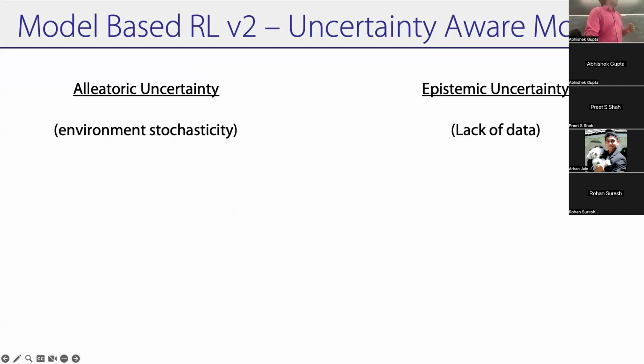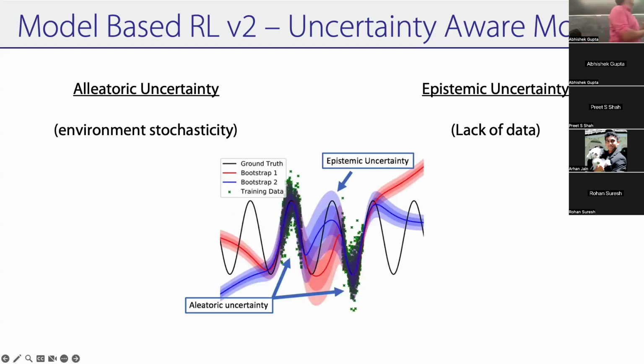And we discussed two different types of uncertainty. We talked about aleatoric uncertainty, which is stochasticity in the environment. If the data naturally has stochasticity, that's aleatoric. Things that are uncertain because of lack of data, like there's no data here, so you have uncertainty over which of the functions it is, that's what we call epistemic uncertainty, right?